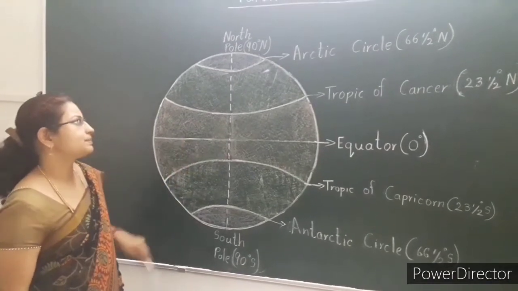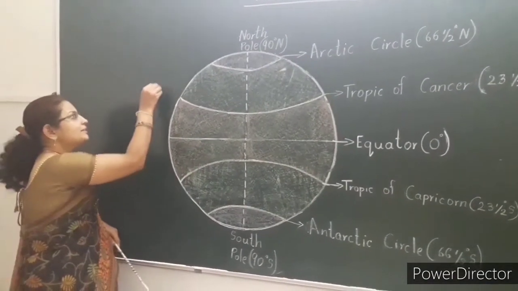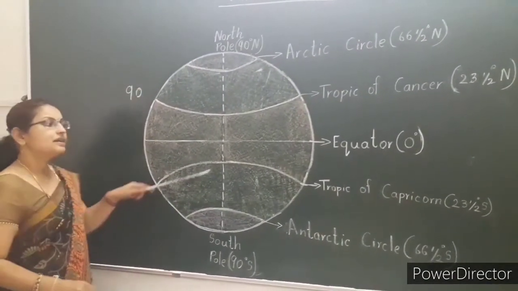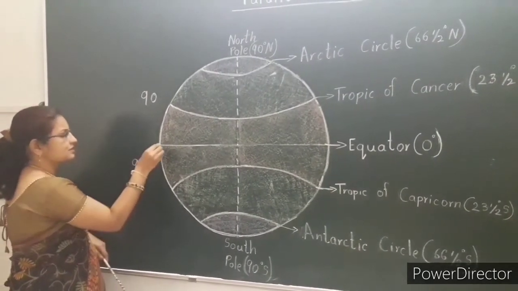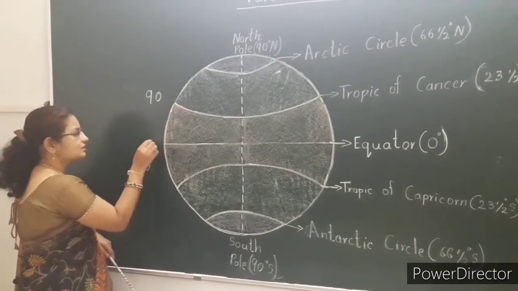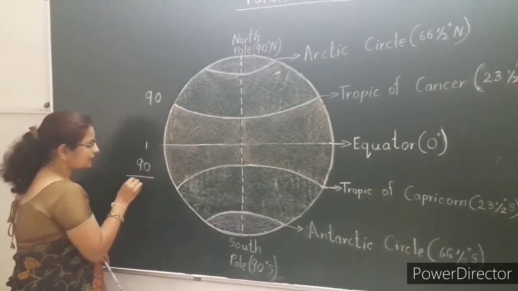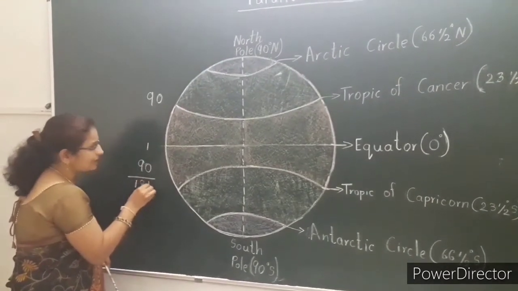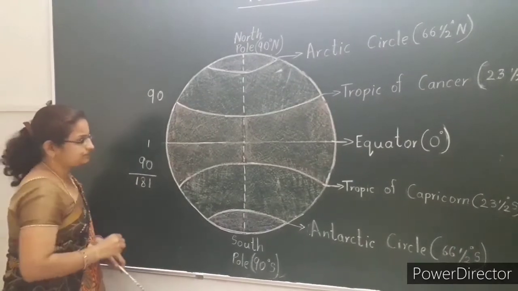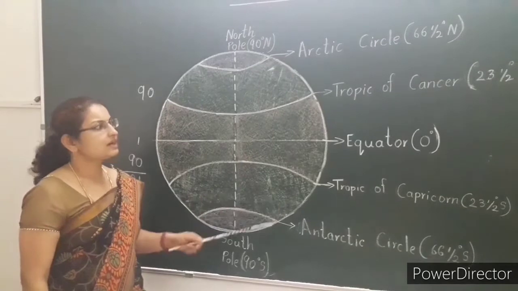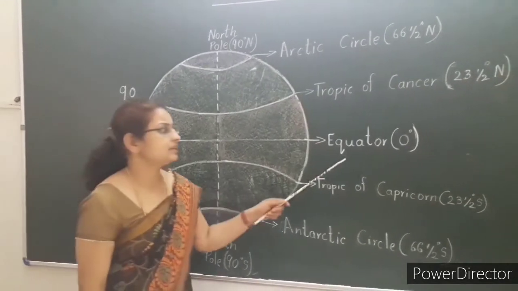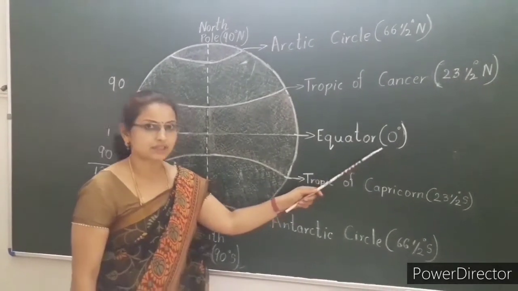In the northern hemisphere, 90 parallels are there. In the southern hemisphere, 90 parallels. The equator is 1. Totally 181 parallels. We start from the equator and mark it as 0 degree.